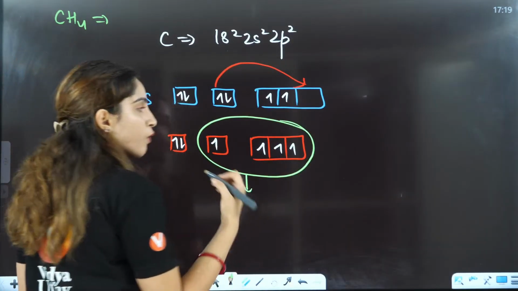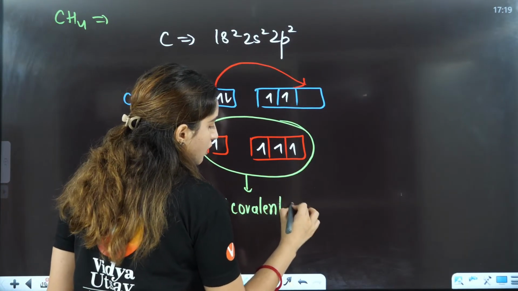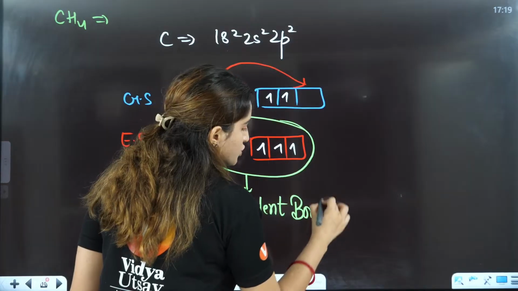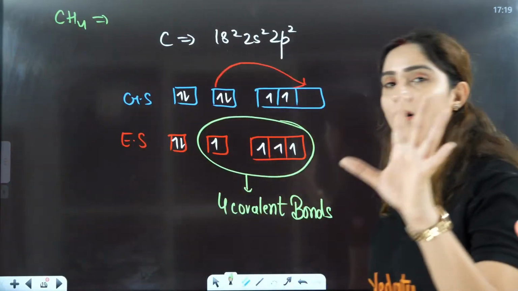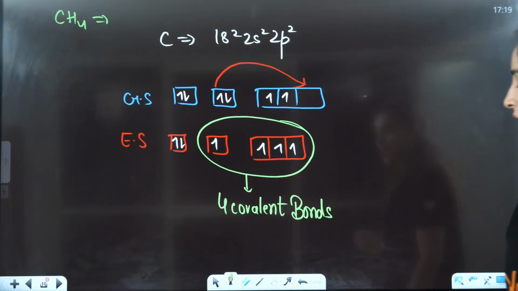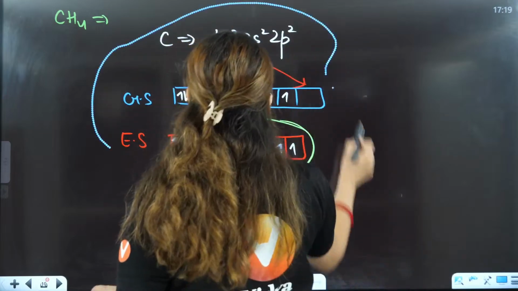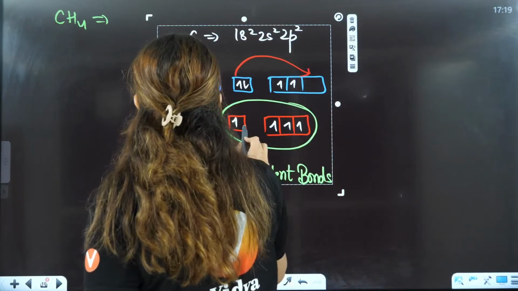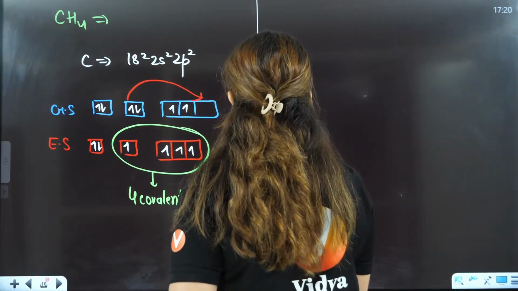So here you will see 4 covalent bonds. So according to this theory, what should happen here?